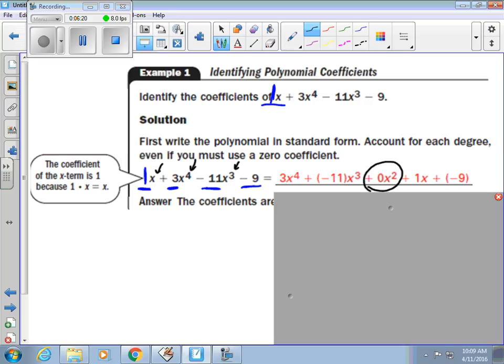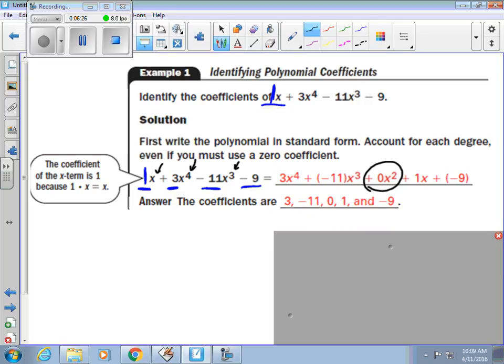There are none, but it's a placeholder. Then all of your coefficients are the ones that go with it. 3, the ones I have underlined, negative 11, 1 and negative 9, and 0 is included because it's the coefficient of x squared.